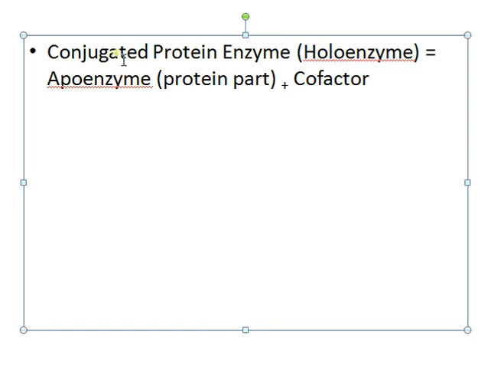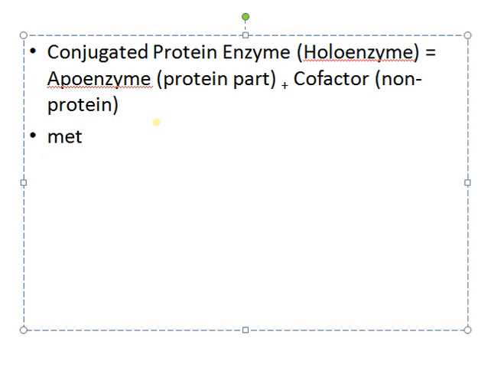We are talking about the conjugated protein enzymes, another name for which is the holoenzyme, and conjugated means it has a non-protein part. This non-protein part is known as the cofactor. So we have a cofactor and a protein part. The protein part is known as the apoenzyme, and the cofactor, the non-protein part, could be some metal ions.